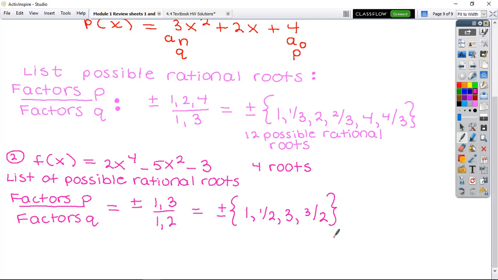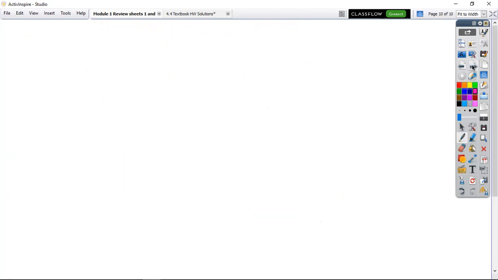All right. Do you think you need another where you're just listing them, or are you ready to jump in? All right. So I'm going to skip here and we're going to now find them all. So I'm going to say number 3. Find all possible rational roots and imaginary roots.